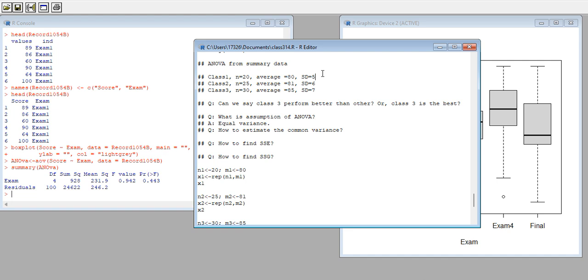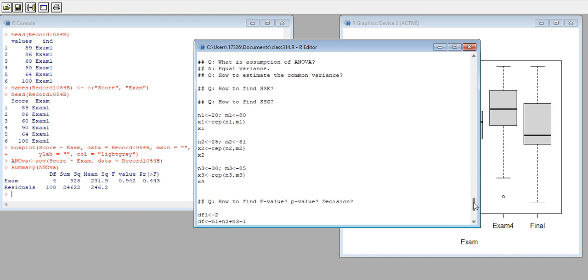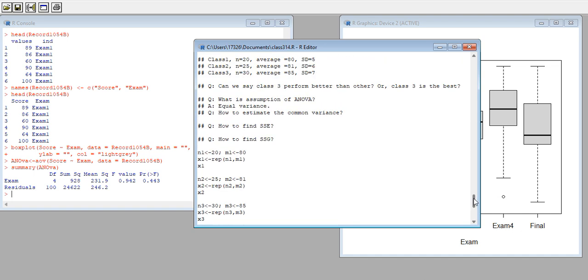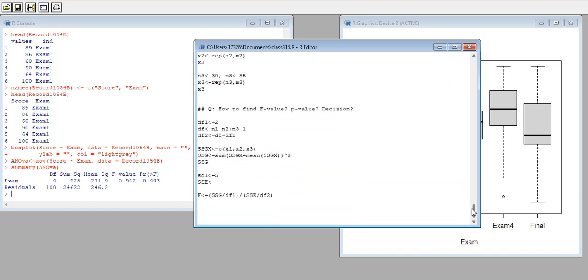The variance's numerator part is just the SSE, right? So SSE equals, here, SD1. SD1 is 5.